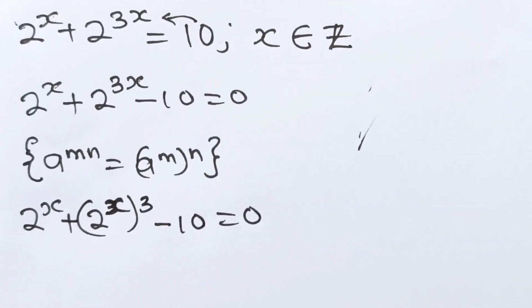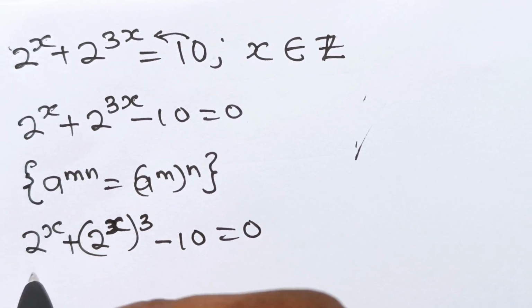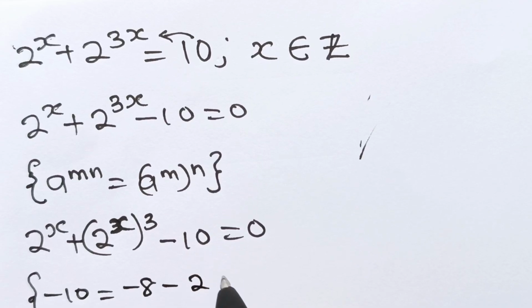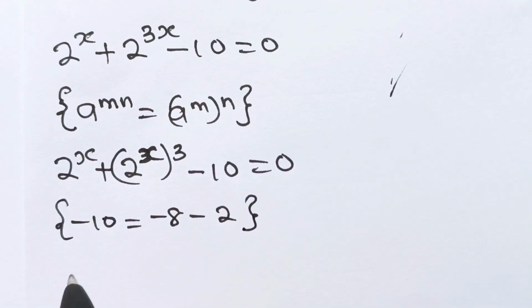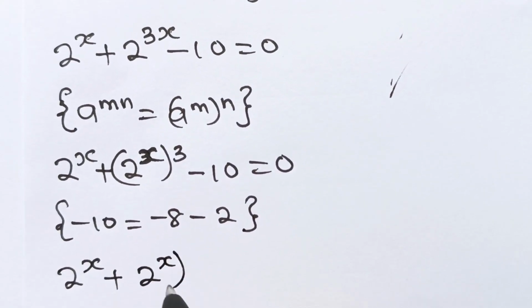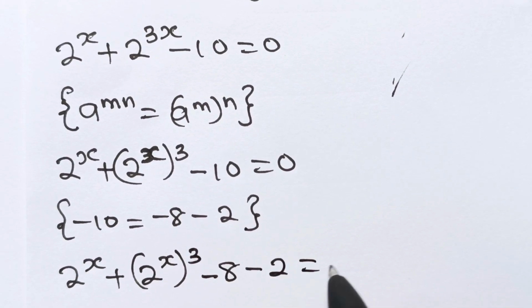Now, minus 10 is equal to minus 8 minus 2. So we're going to replace that here. We have 2 to the power of x plus 2 to the power of x raised to the power of 3 minus 8 minus 2 is equal to 0.